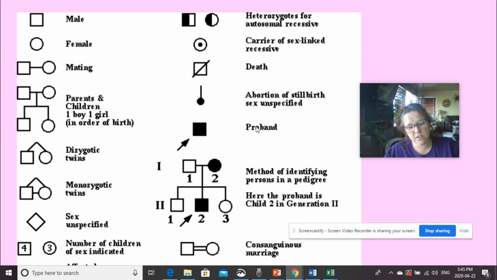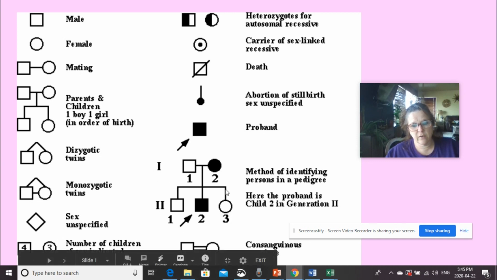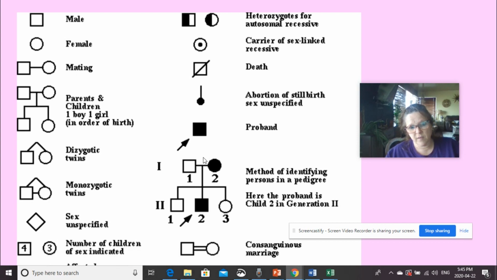Proband is a term that just means the person that the pedigree chart is being done for, the person of interest, and we're probably not going to end up using that too much. This little chart here, I'll go through this again in my presentation on the whiteboard, but this is just a way of identifying persons in a pedigree.